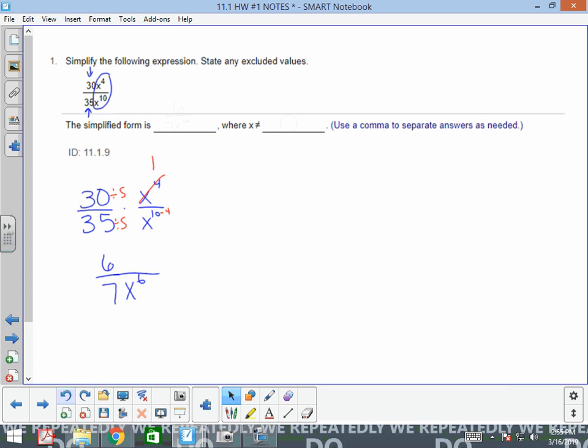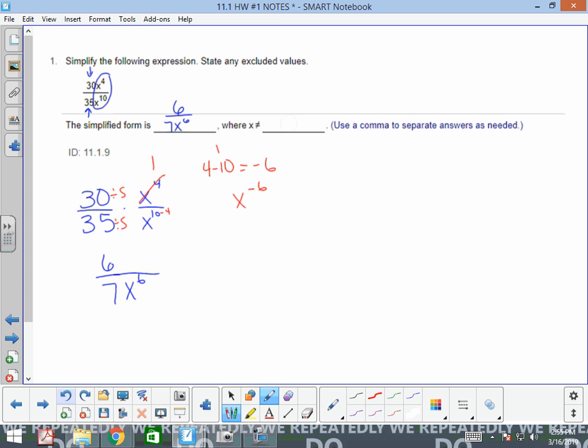So this simplified form is 6 over 7x to the 6. Notice the x to the 6 is in the denominator, because when we subtract the top exponent minus the bottom exponent, we do get negative 6. Since x is to the negative 6, that means it would have to go to the denominator to become positive.